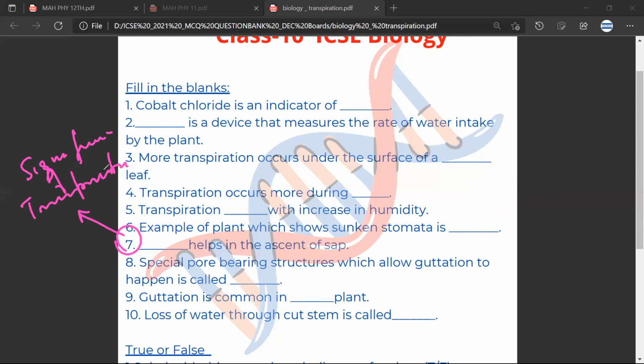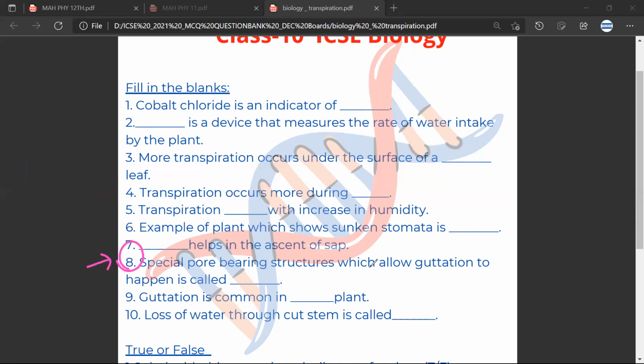There, in the significance of transpiration, you'll have factors like cooling effect, suction force, distribution of water and mineral salts. So the answer would be transpiration, which will help in the ascent of sap. Okay.